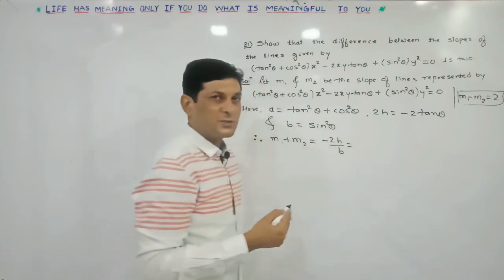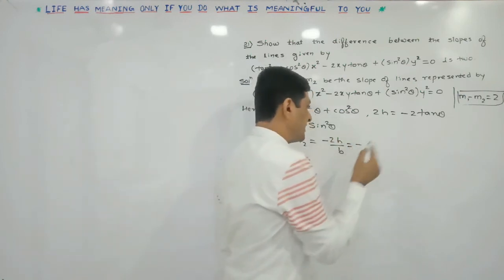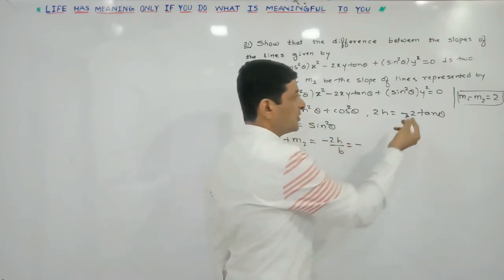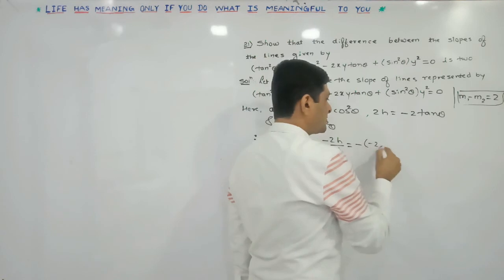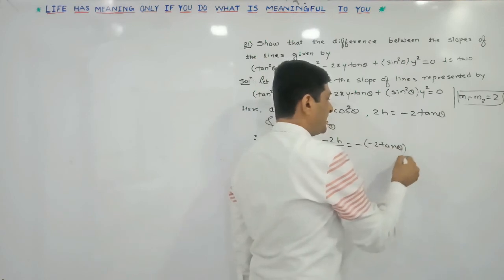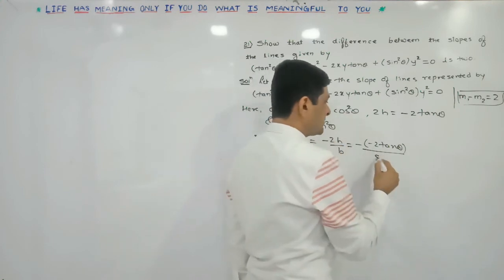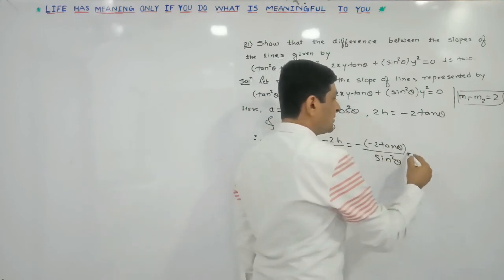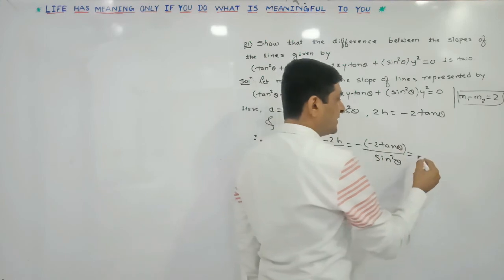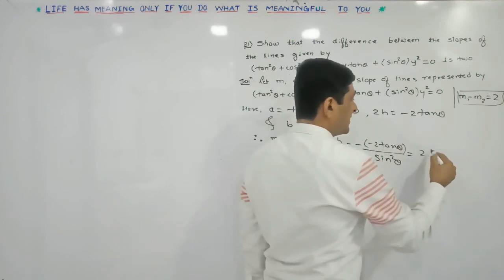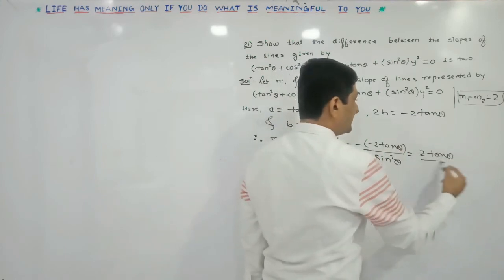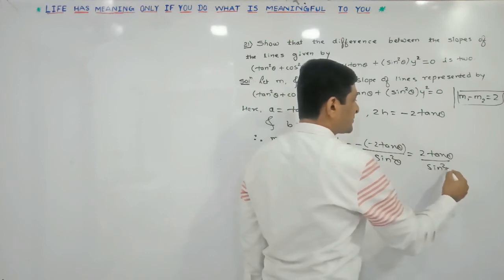Keep the minus as it is, replace 2h by its value, minus 2 tan theta, and in the denominator replace b by its value, sine square theta. Minus into minus becomes plus, so in the numerator we get 2 tan theta and in the denominator sine square theta.